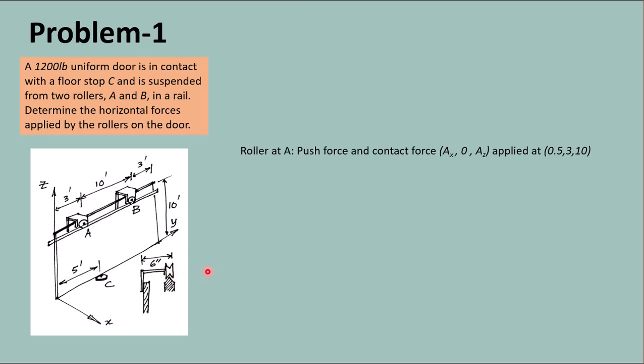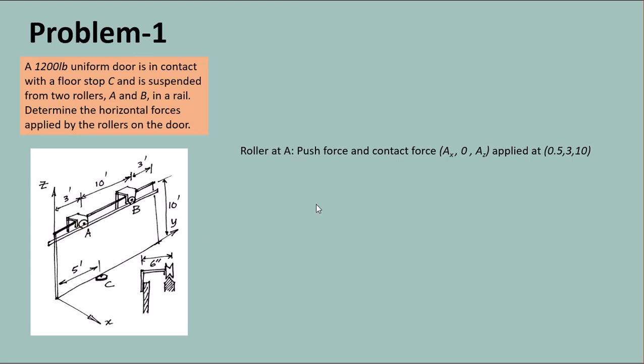It cannot move back and forth like that. So just because it cannot move back and forth like that, it also applies an X force, and the contact applies a Z force.